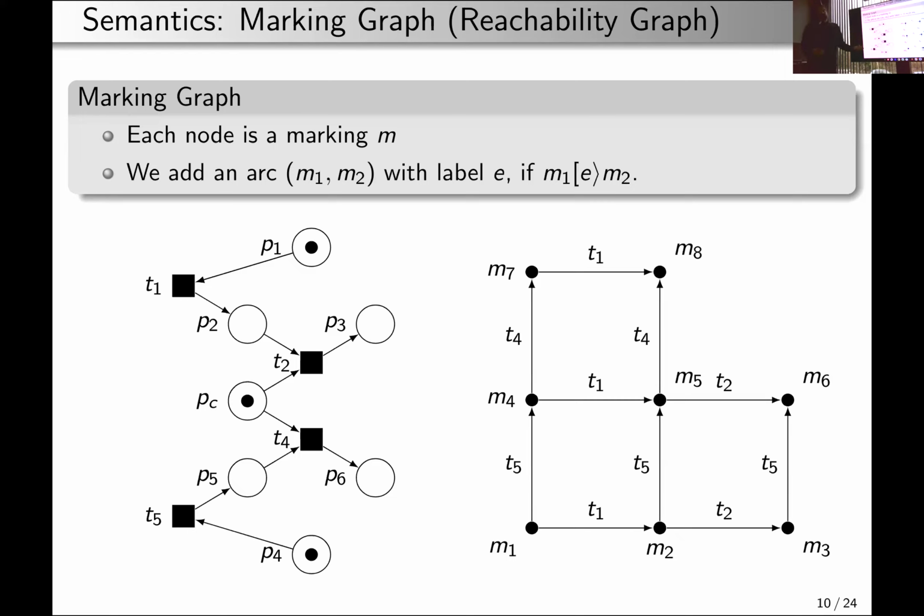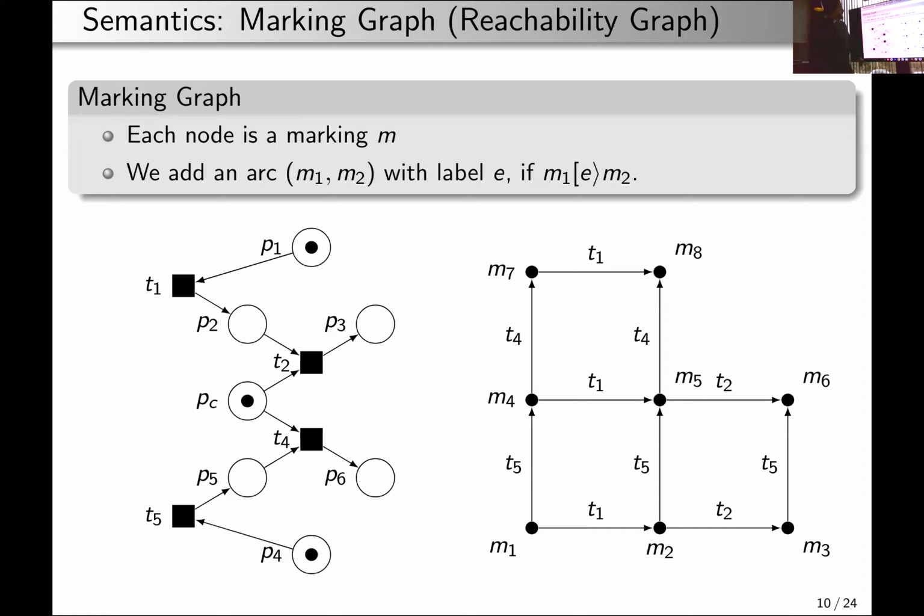So how do we express the behavior? There are several ways, and one of the most standard is the marking graph construction. In a marking graph construction, I'm basically identifying each distribution of tokens with a state on a graph, so a vertex on this graph.